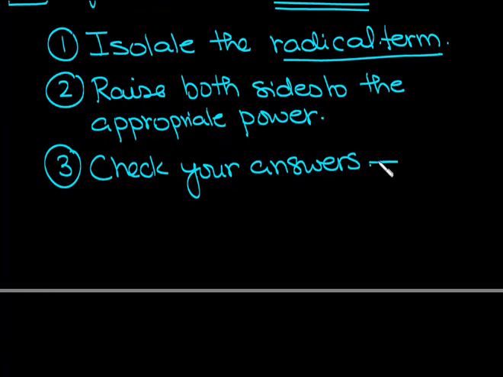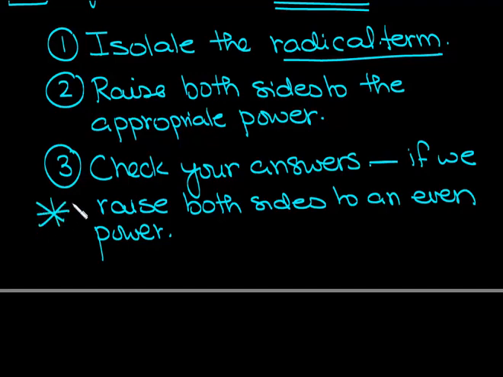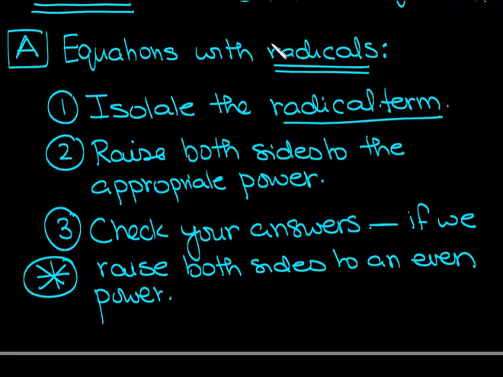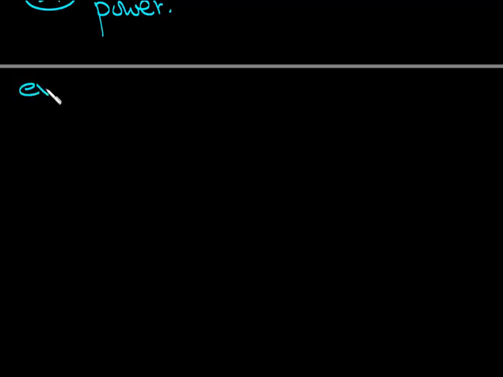We especially want to check our answers if we raise both sides to an even power. So if you raise both sides to an even power, we definitely want to check our answers, and you'll notice why when we do an example. Okay, so these are the steps you follow when you're solving equations that have radicals in them. So let's go ahead and take a look at an example and see if we can solve one of these.